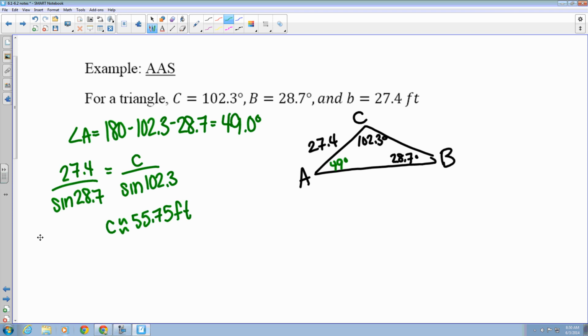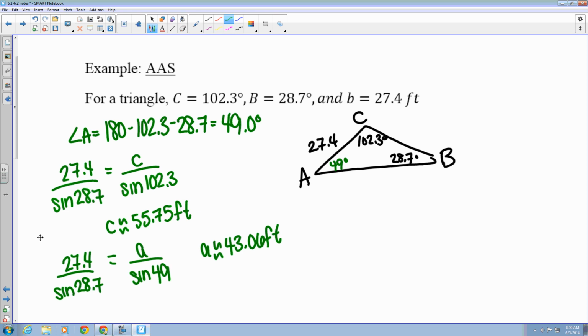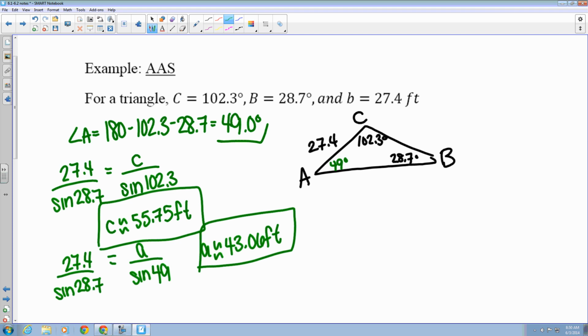And then we need to find side A. So I'm going to use the same pair, the original pair, in case we made a mistake in our calculation for C. I don't want to use that one. Side A over sine of 49, and side A is about 43.06 feet. Okay, so we're always finding 3 measurements.